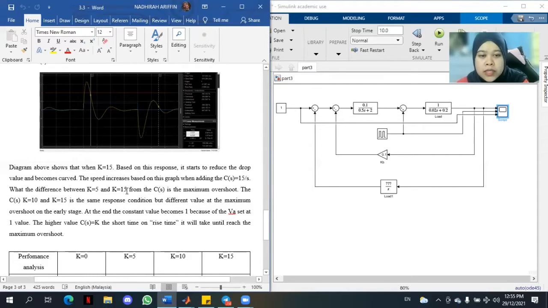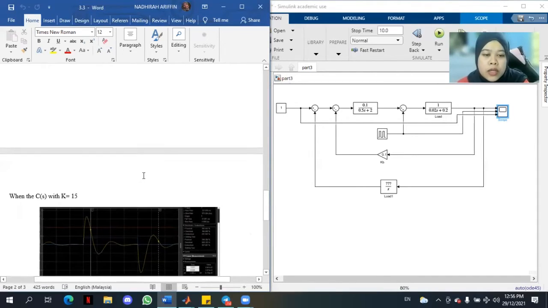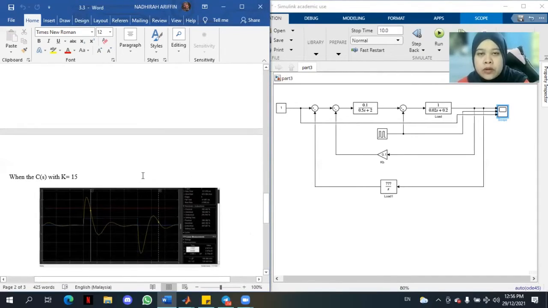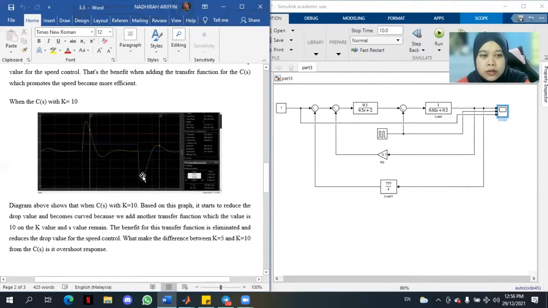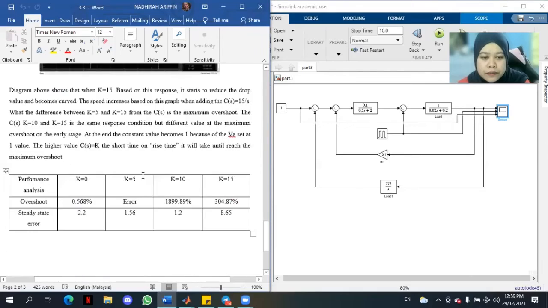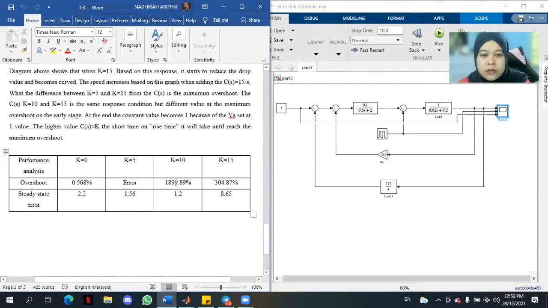Then we can see that the maximum overshoot between these three is different. For K equal to 5, there is no overshoot, or it is invalid. For K equal to 10, the overshoot is 1,999.89%. For K equal to 15, the overshoot is 304.87%.